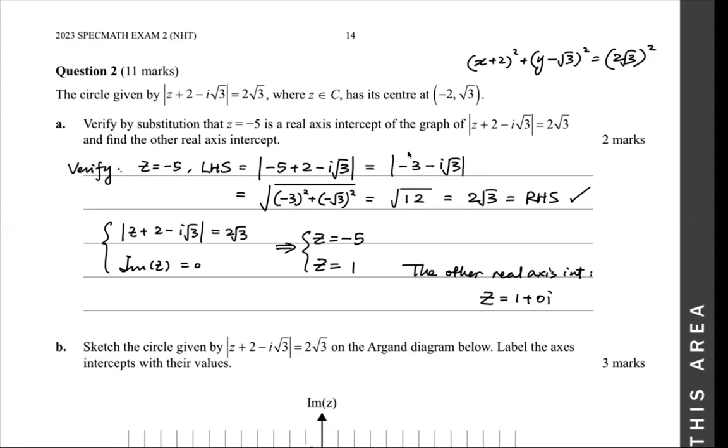Of course, you can write this thing as 1, 0 because the question didn't specify, okay, Cartesian form or coordinate pairs, but either form should be fine.